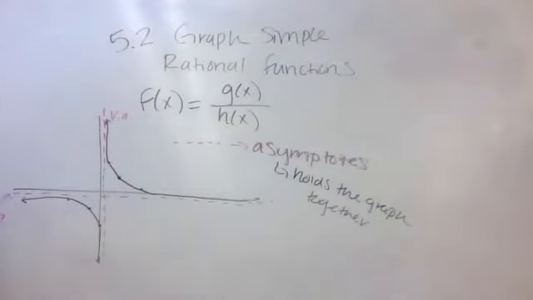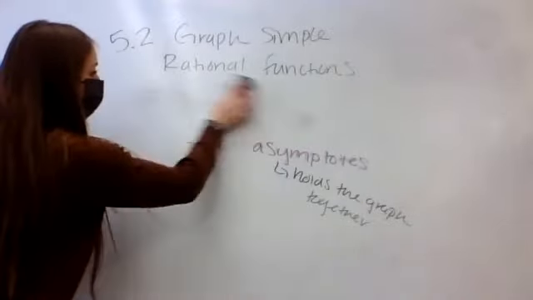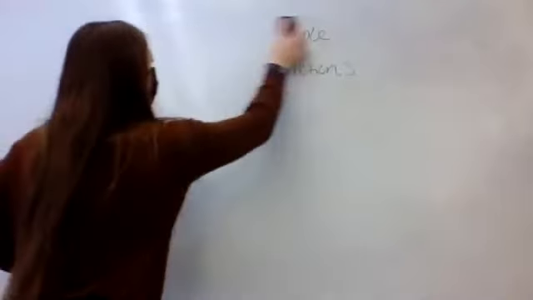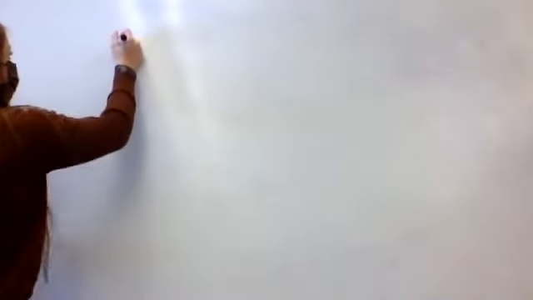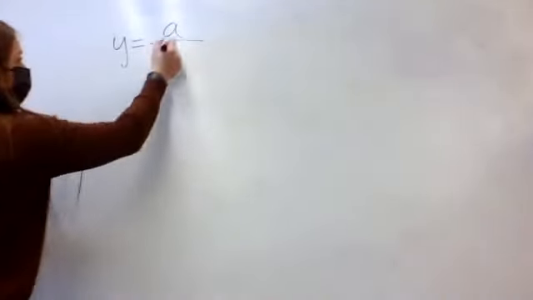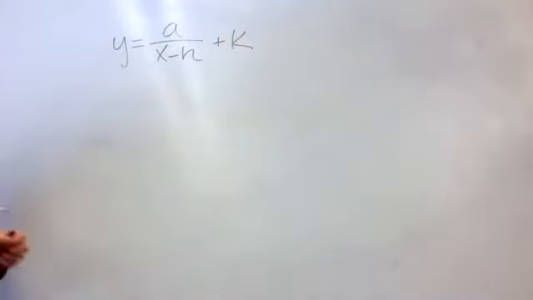Okay, let me erase this so that our people at home don't lose when we're writing. The form that we're going to use, and we like to always throw you some formulas for these, is y equals a over x minus h, plus k.